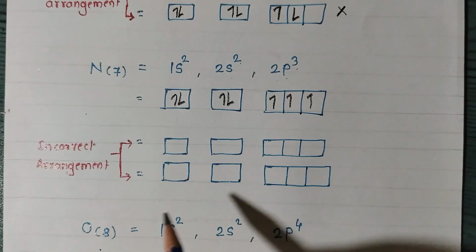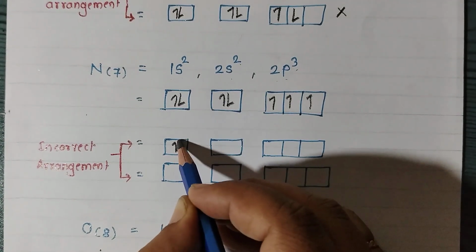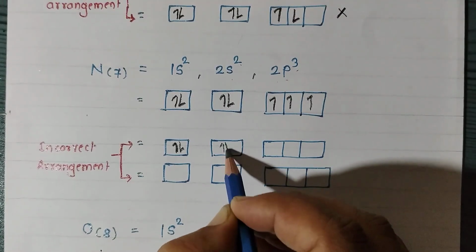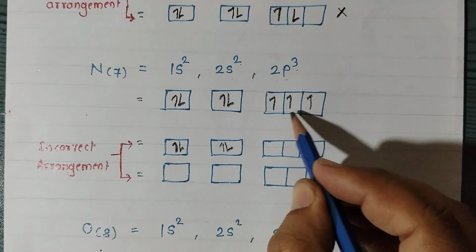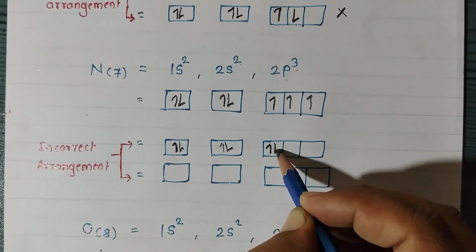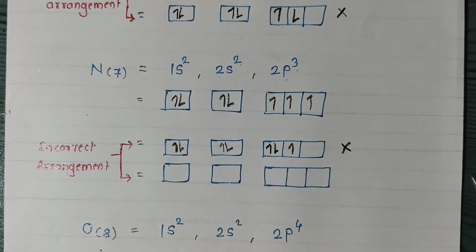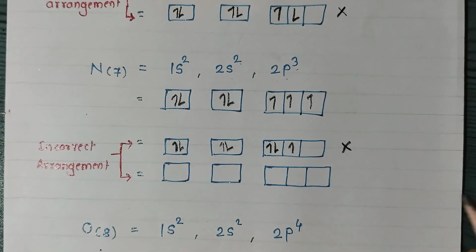Now what are the incorrect methods? See that 1s is correct, 2s is correct, but suppose we write these 3 electrons in this way, 1, 2 and 3. So this is a wrong method of filling electrons according to Hund's rule.